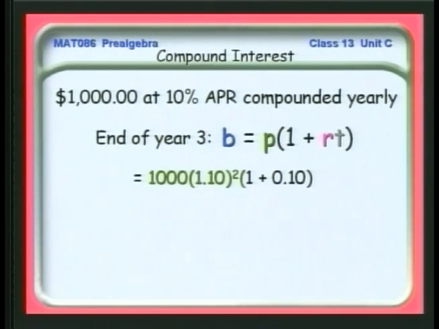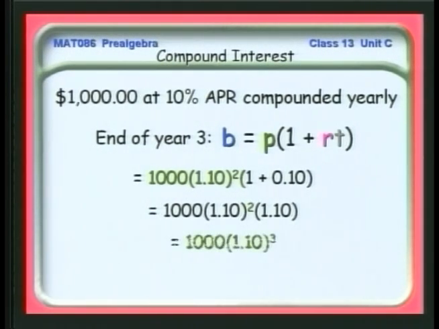We're compounding it at the end of each year. If I work this out again, 1 plus 0.10 is 1.10, and look what I have. It's 1,000 times the quantity 1.10 cubed at the end of the third year.